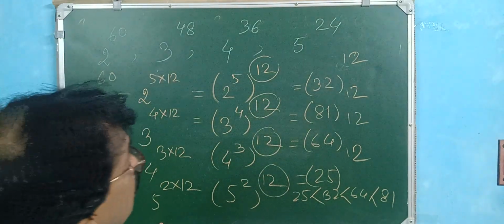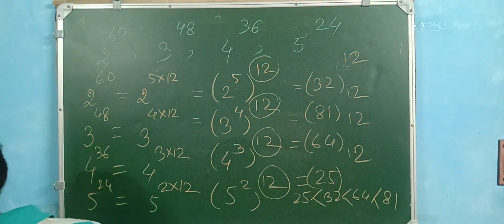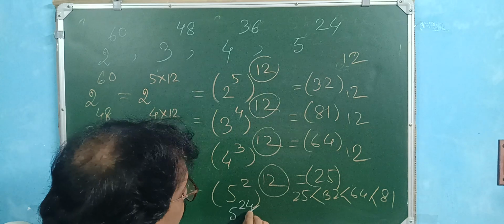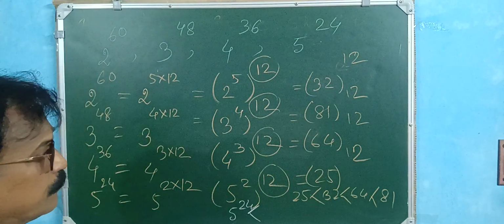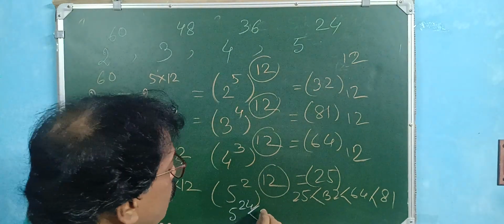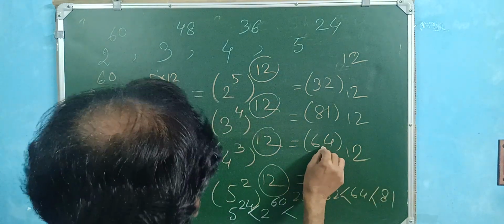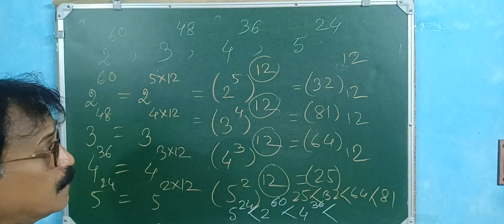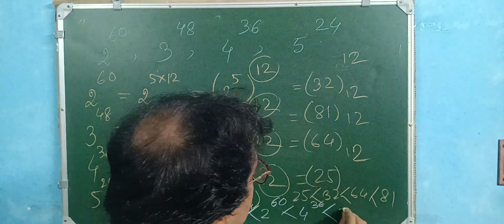So ascending order, এটা সবচেয়ে ছোট, এটা এসেছে এখান থেকে, so 5 to the power 24, then 32, 32 এর কোন পজিশনে ছিল, ফার্স্ট পজিশন, means 2 to the power 60। Now 64 টা কোন পজিশনে ছিল, থার্ড পজিশনে, 4 to the power 36। Now the greatest number is 81, this is the second position, 3 to the power 48.